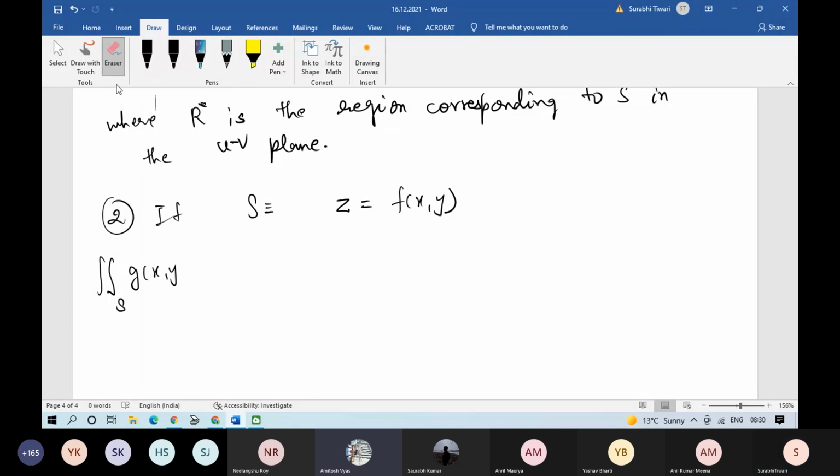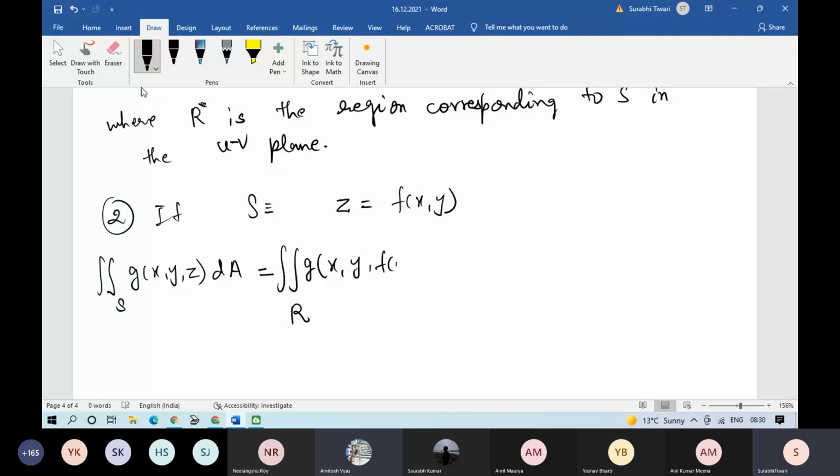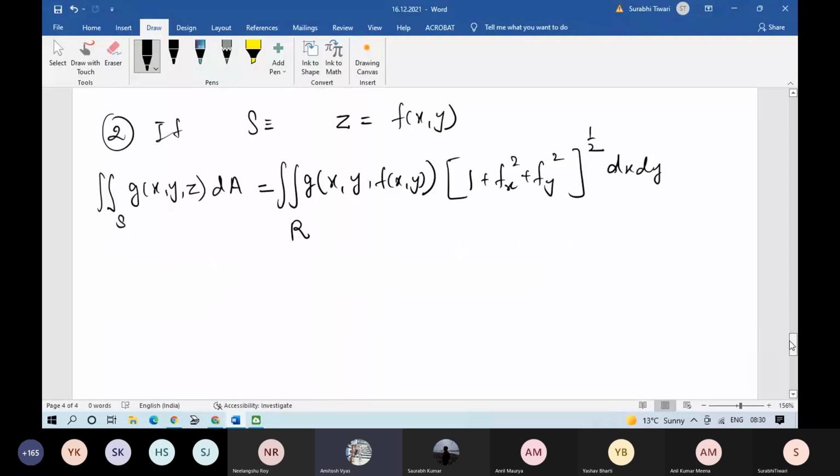Double integration over S of g(x,y,z) dA, this is equal to double integration over the region R of g(x, y, f(x,y)) into 1 plus fx square plus fy square पावर हाफ dx dy. ये वही वैल्यू है Ru क्रॉस Rv की ही, लेकिन if z is written in the form of f(x,y) then this comes out to be this value. ठीक, तो सिंपली उसे थोड़ा सिंप्लीफाई किया गया है बस.